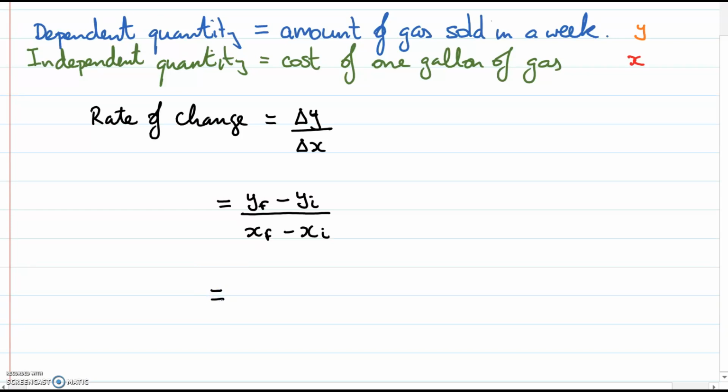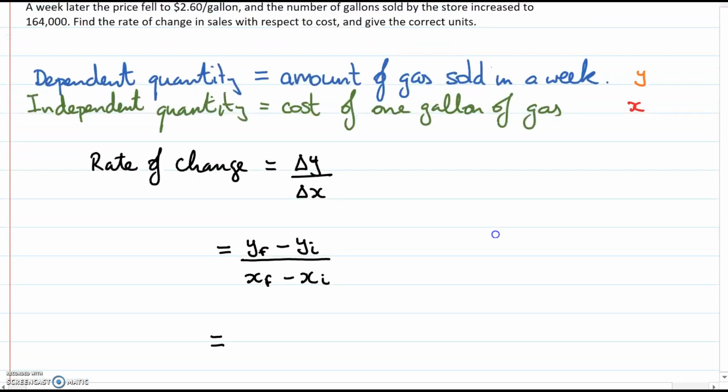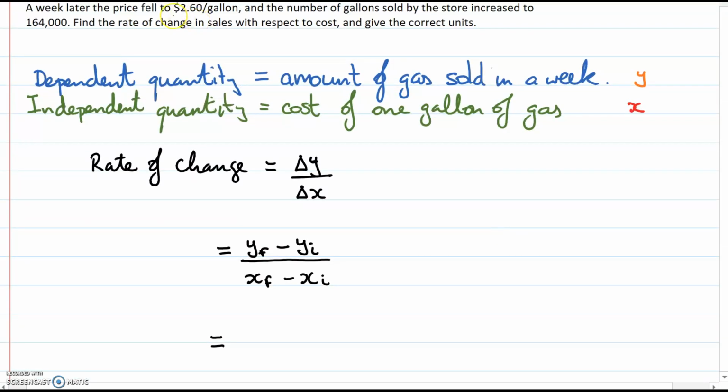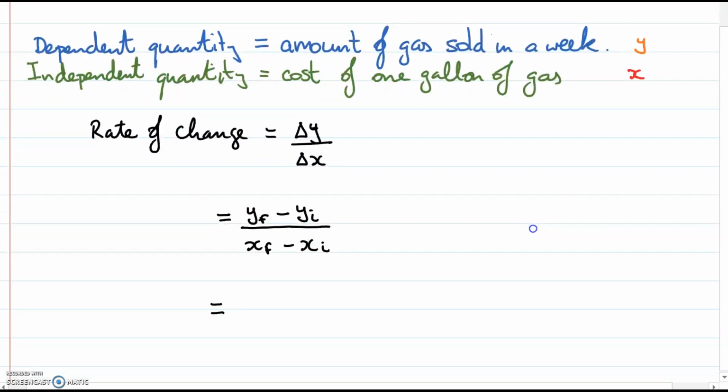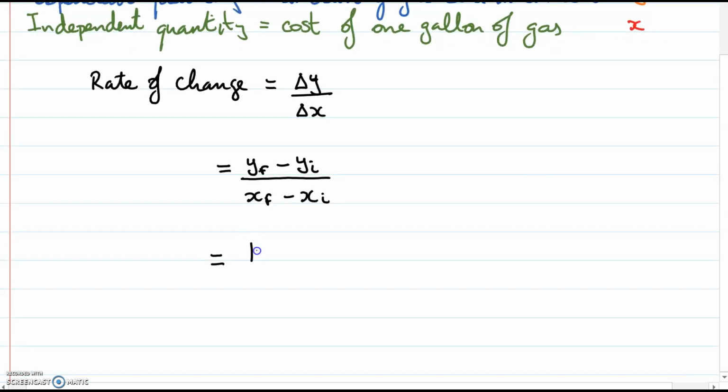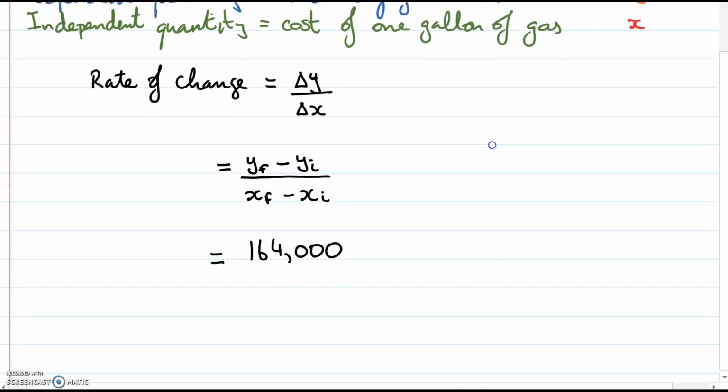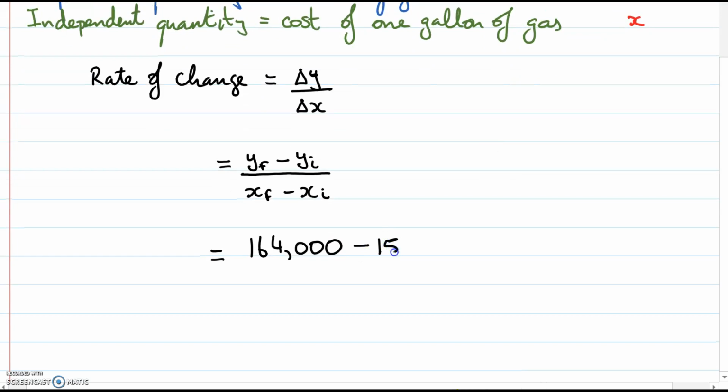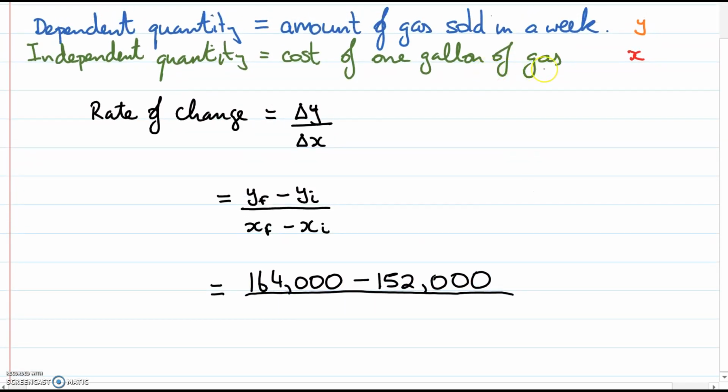Well, if we look back here, Y is the amount of gas sold in the week. So how much gas was sold in the final week? The amount of gas sold in the final week was 164,000. And in the first week, the amount of gas sold was 152,000. X F on the bottom, X F minus X I. X is the cost of a gallon of gas.